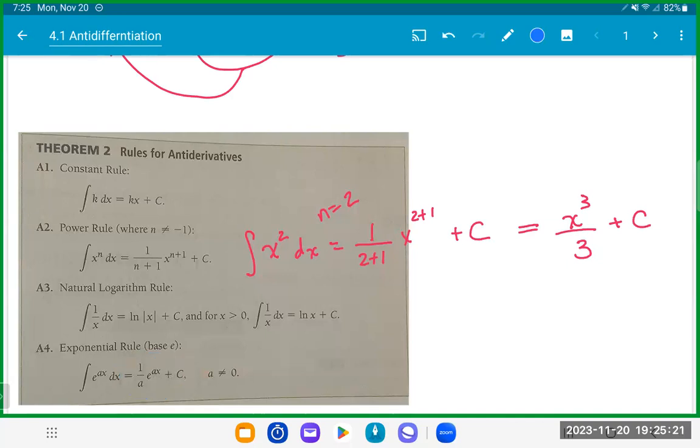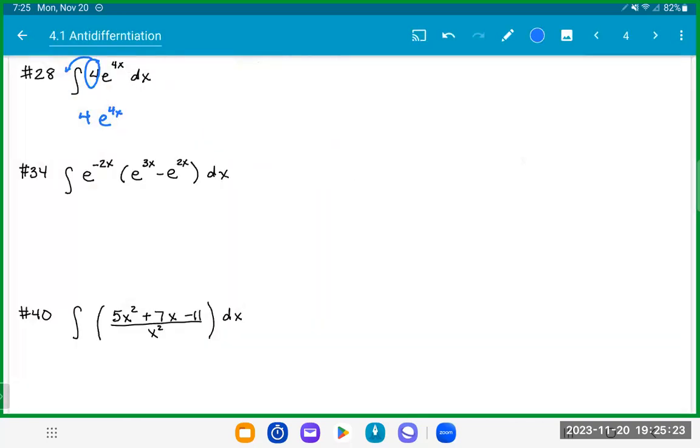So it's 1 over 4, because in this case, a is equal to 4, e to the 4x plus that constant c. And so then the 4's cancel with each other, and we get e to the 4x plus c. Okay, question.